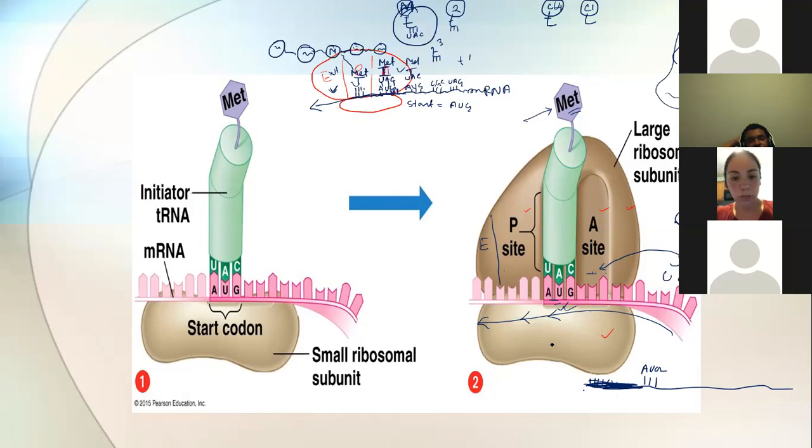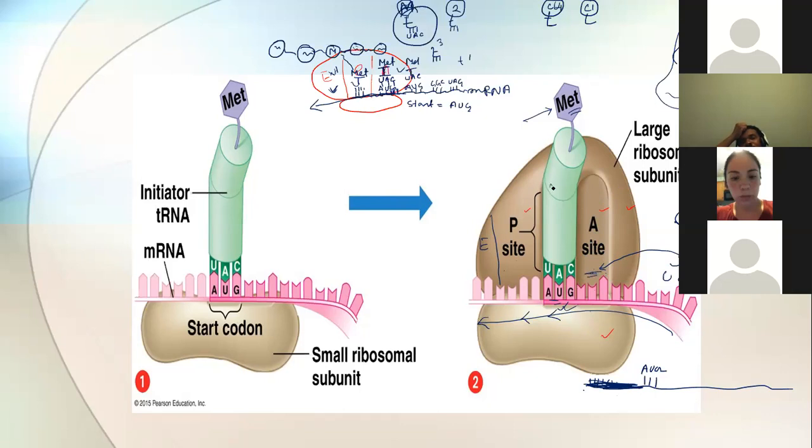So, Ms. Nandi, every part of the process is dictated by the A site? Yes, it starts from the A site. The A site is the reading site. When a codon sits on the A site, the ribosome and tRNA can read that codon.